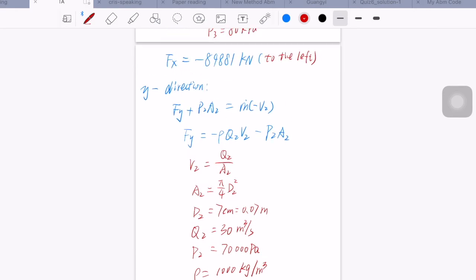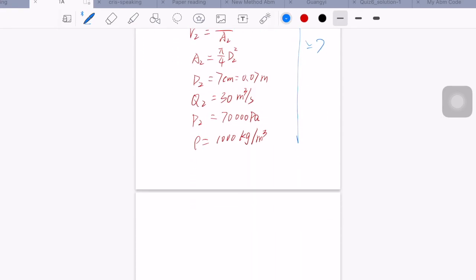So we can get that the Fy should be equal to negative 233,859 kilonewton. The direction is downward.